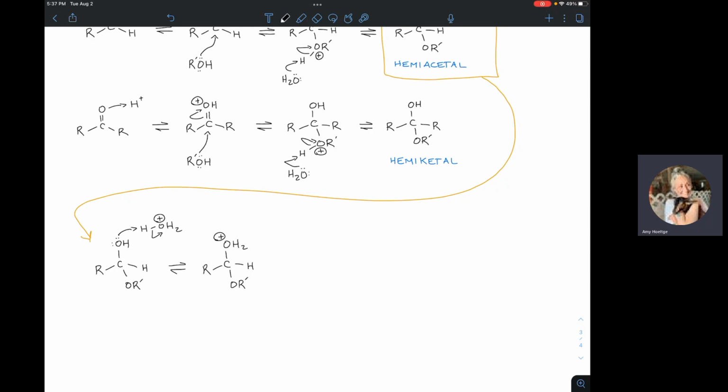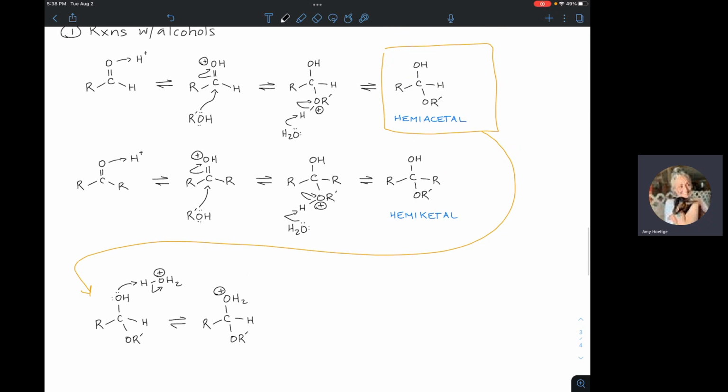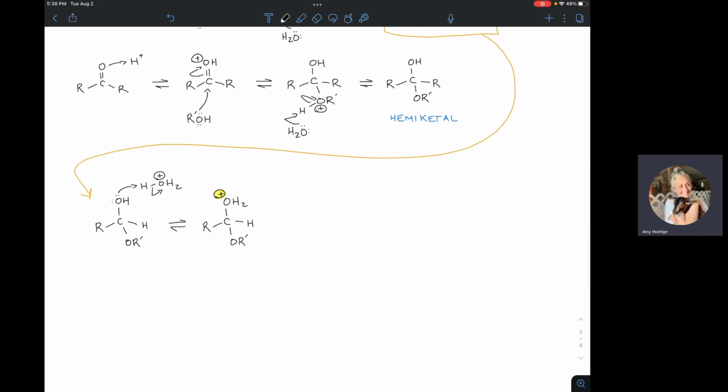There's that third tetrahedral intermediate technically, right? So the first one had the positive charge, the second one is neutral, the third one has a positive charge. It's our second one that just happens to have a name. It's a hemiacetal. In this case, water is going to be eliminated.